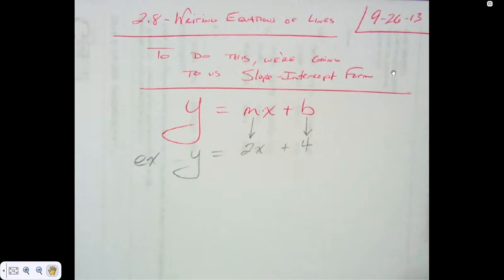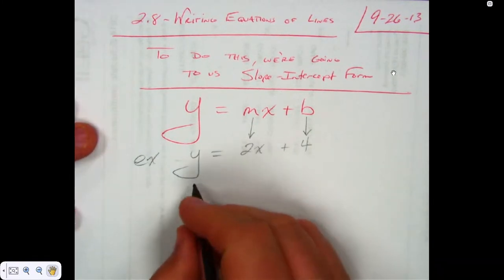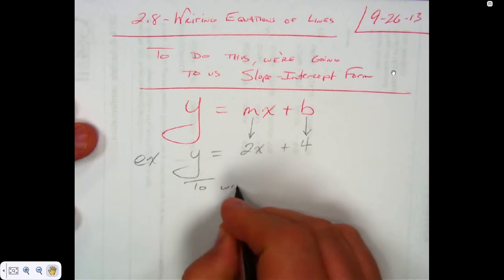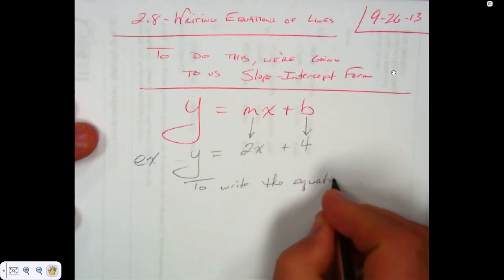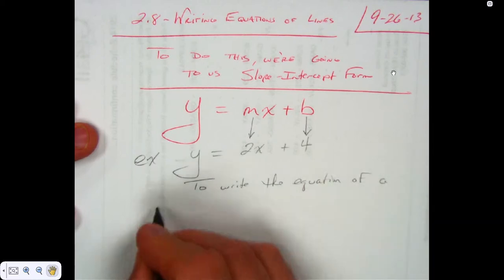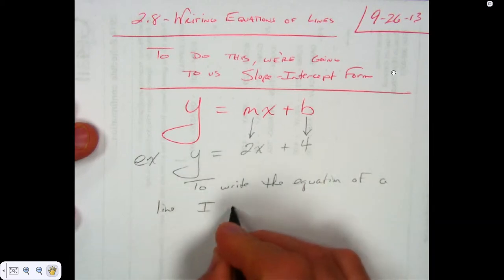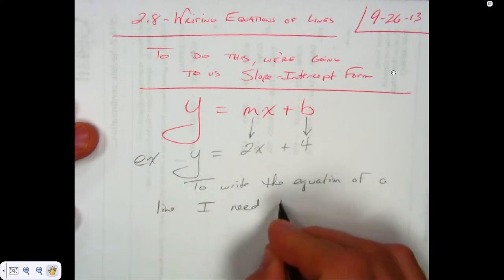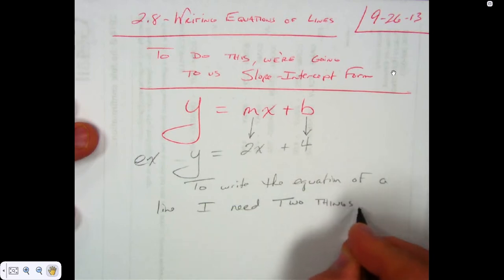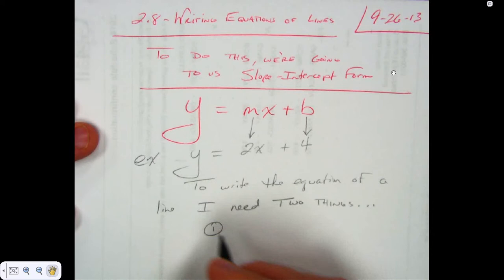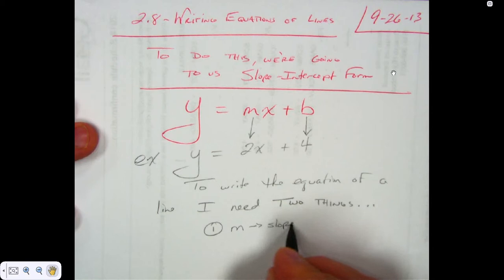So what two things do you think I need to write the equation of a line? To write the equation of a line, I need two things. What do you think they are? One, I need the slope, which is our m, right?